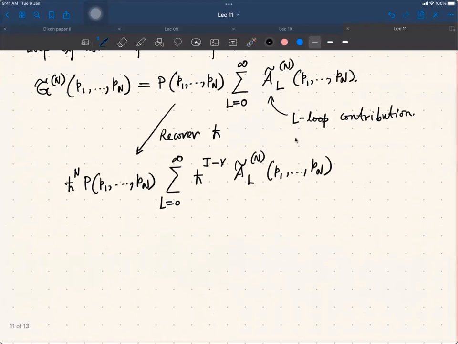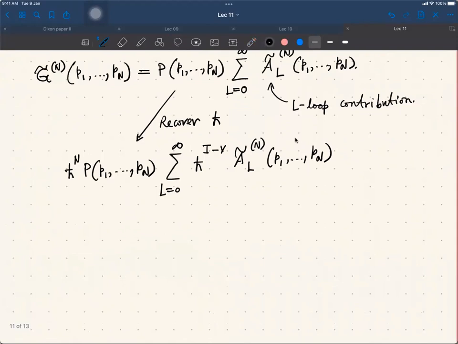Therefore, this is L minus 1. So I can take the h bar to the power minus 1 and multiply with this. This is h bar to the power n minus 1, and take that factor of h bar to the other side.